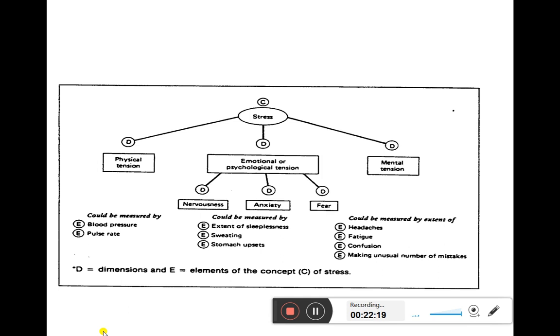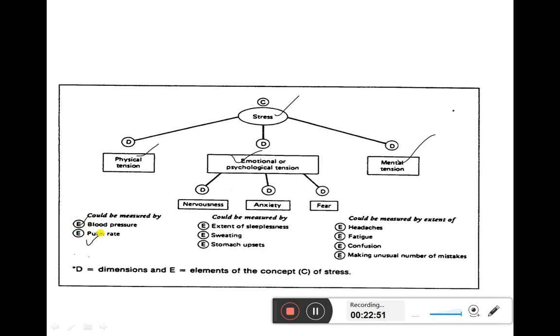Hope your idea is clear. Let us look at an example. Now our major concept is stress. I have divided stress into three dimensions: physical tension, emotional or psychological tension, and another dimension, that is mental tension. Physical tension could be measured by blood pressure or pulse rate.